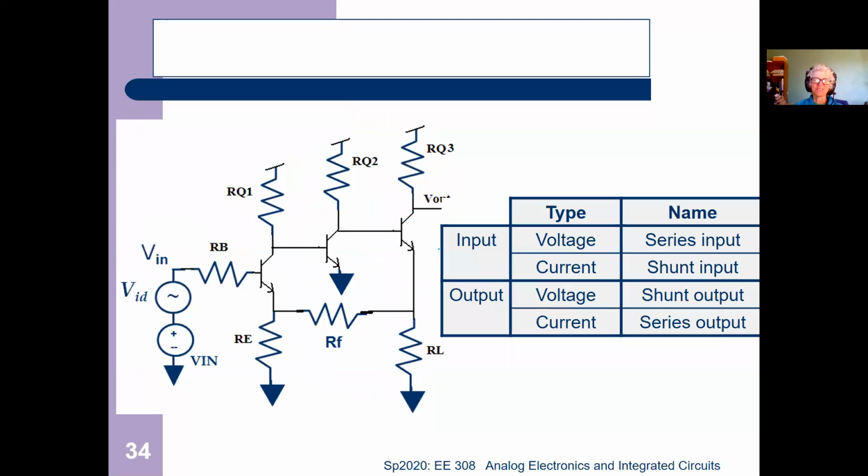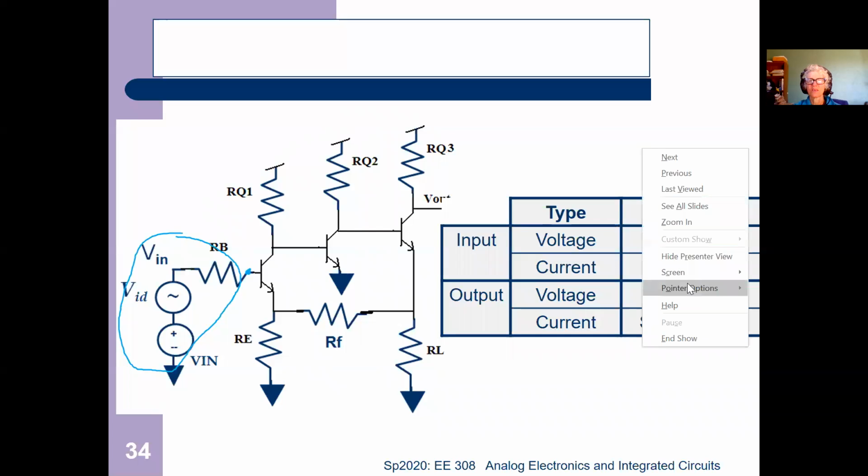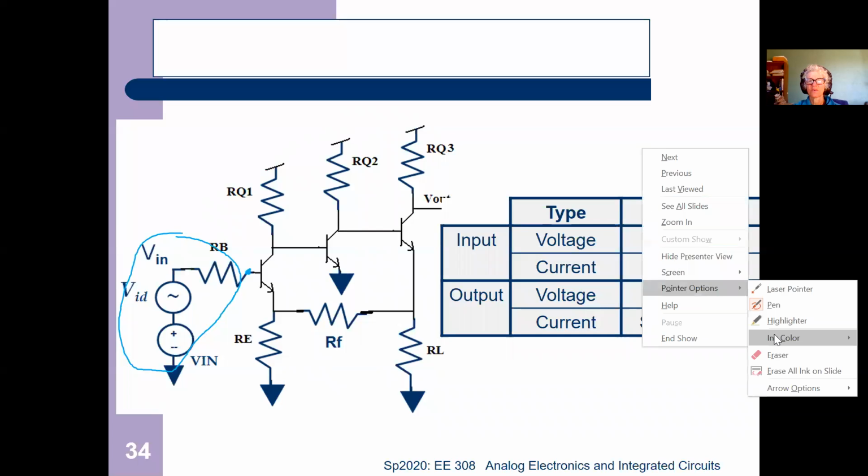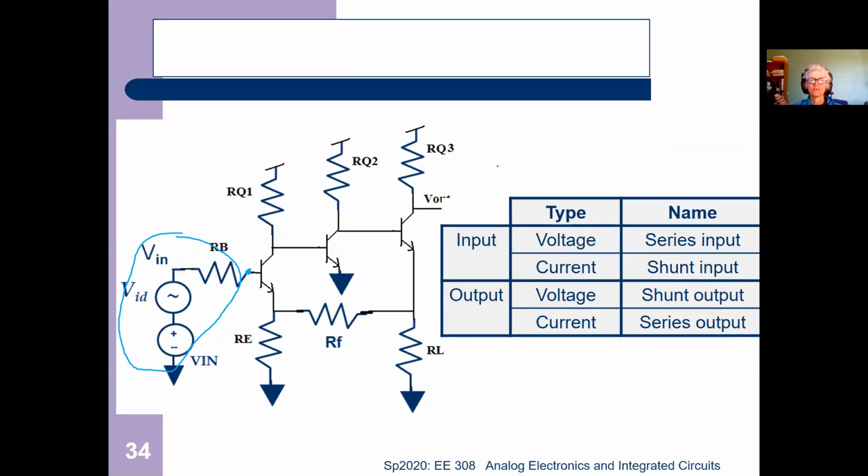How about this one? And again, ignore this over here. That's just, you know that this is the input to your amplifier. So if you circle all the vanilla circuit, I see a common emitter.